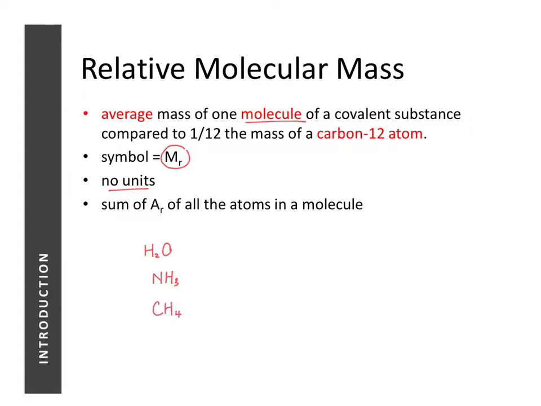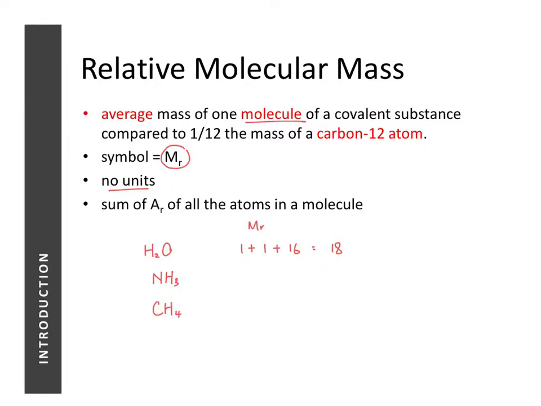So how do we find the relative molecular mass? We just simply sum up the atomic masses of all the atoms in the molecule. In the water molecule, we have 2 hydrogen atoms, so 1 plus 1, and then we have an oxygen atom which has a mass of 16, so it has a mass of 18.